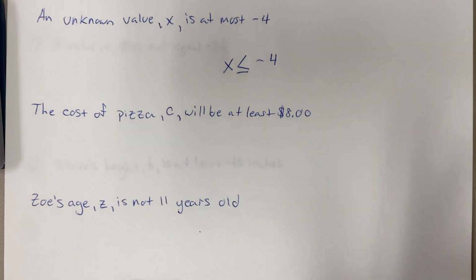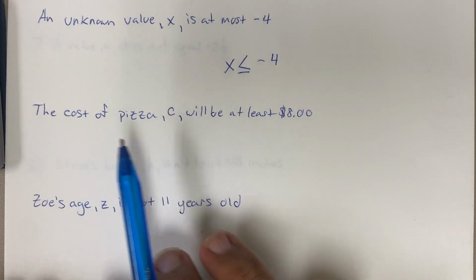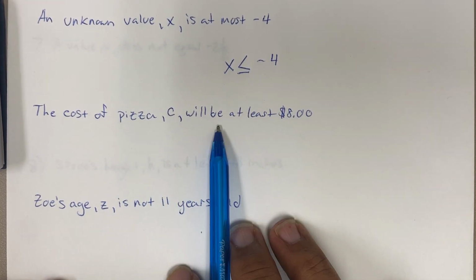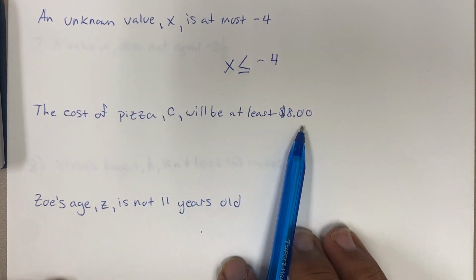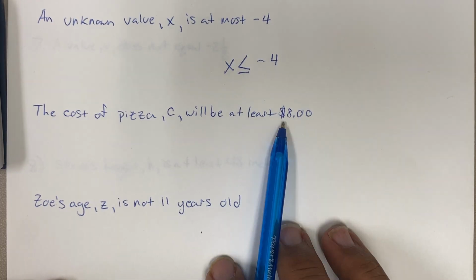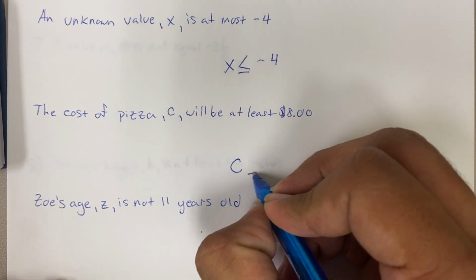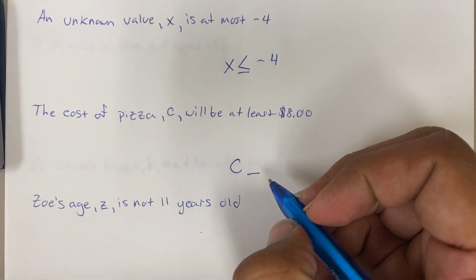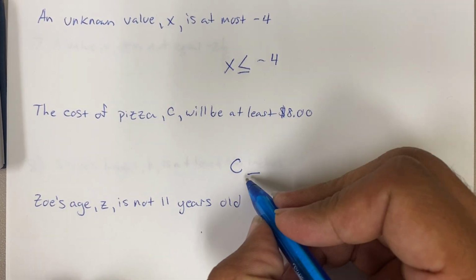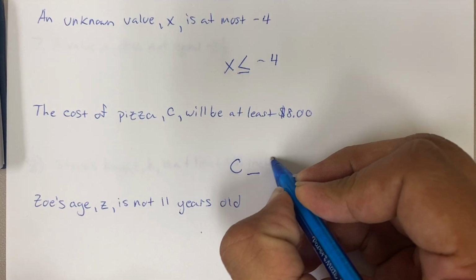All right, so now this one here. The cost of pizza, C, will be at least $8. So $8 is the lowest price it's going to be. So again, it can be $8, so it's going to be one of the equal tos. So I'm going to put that line already underneath. And here's $8.